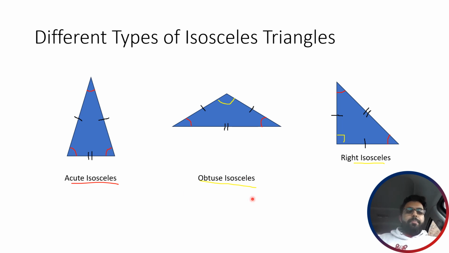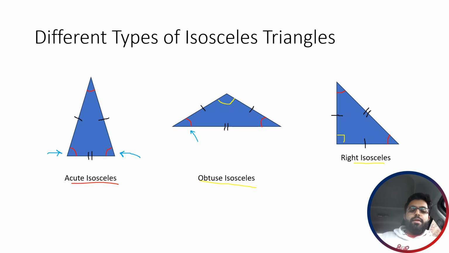So here you can see that they're all isosceles triangles, but one of them's got all acute angles, one of them's got two acute angles and an obtuse angle, and one of them's got two acute angles and a right angle. Now, because these are isosceles triangles, you could also figure out, if you remember this from a couple of slides ago, that this angle and this angle will be the same size as each other.